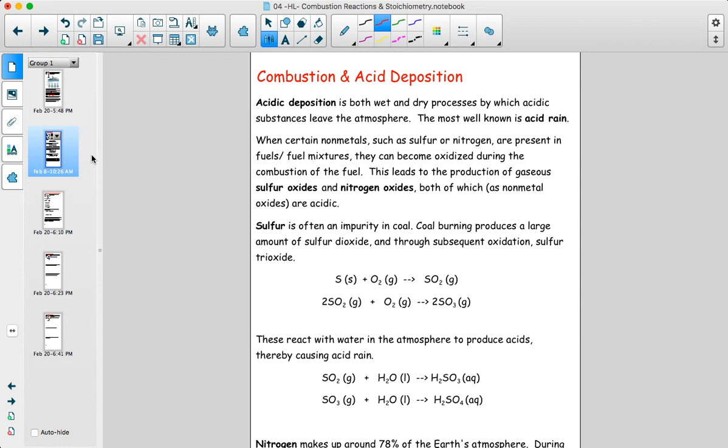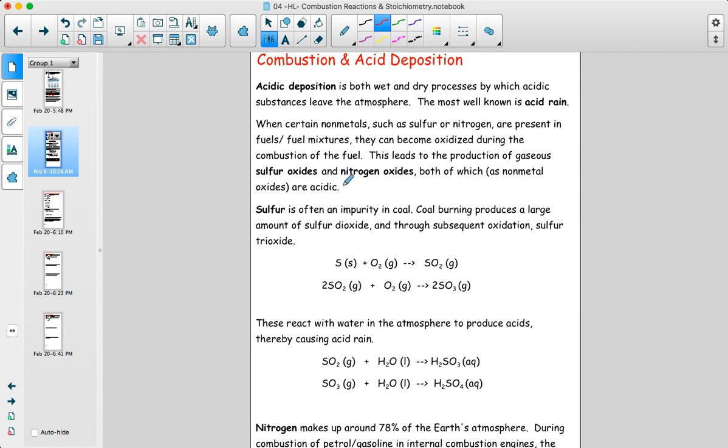But there's also acid snow, acid fog. There can be solid particles like from smoke and soot that are acidic that can also directly deposit onto things and then cause acid reactions to happen with them.